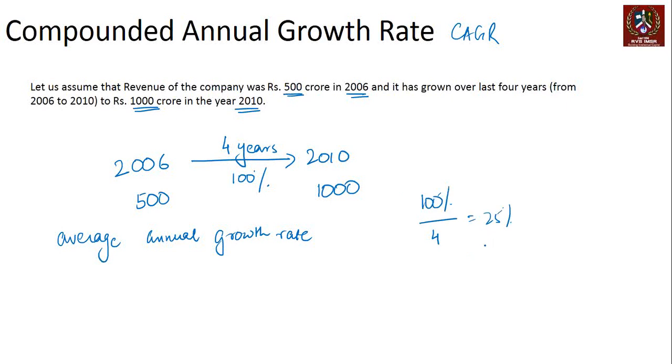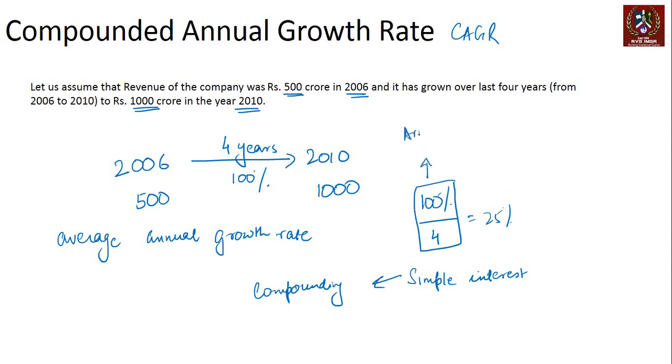But that would have worked if we were looking at something like a simple interest scenario. Remember, in reality, there is compounding that is happening, which means this simple arithmetic average, which we have taken here, does not work in real life.